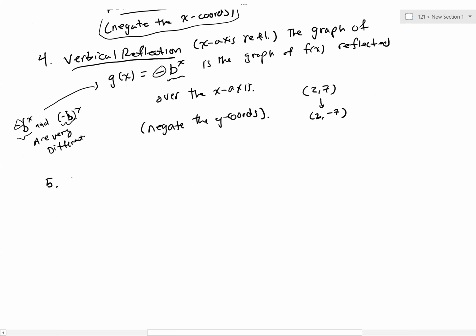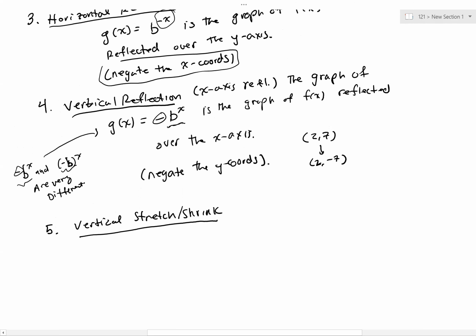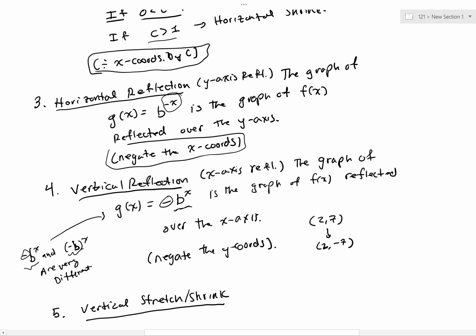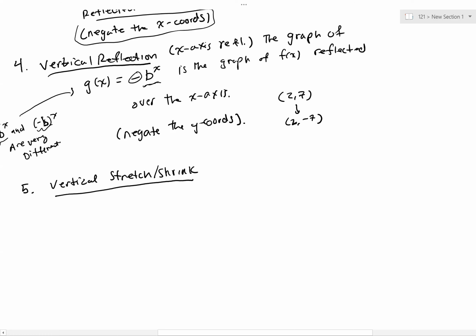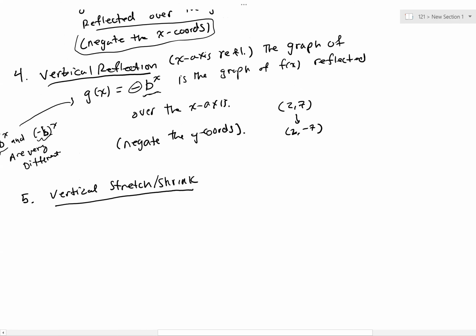Okay, going in order again, we can look at the vertical stretch or shrink. So for the horizontal stretch and shrink, remember we were multiplying the input by some positive number c. Here we're going to be multiplying the function by some number c.